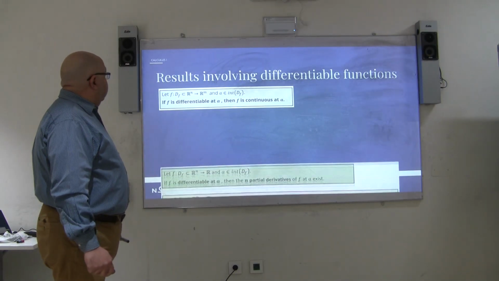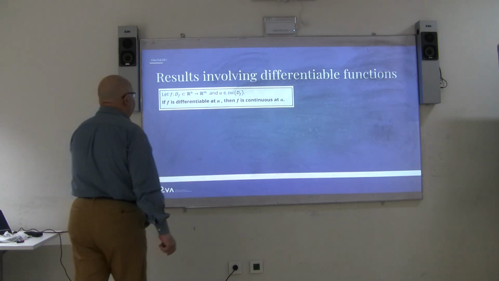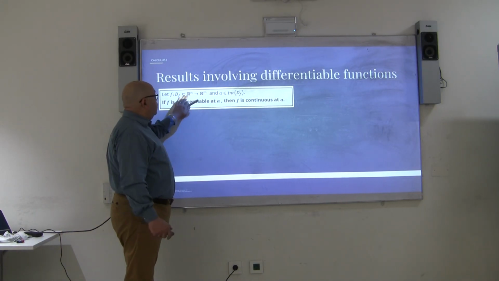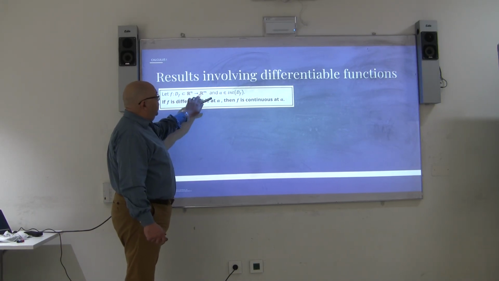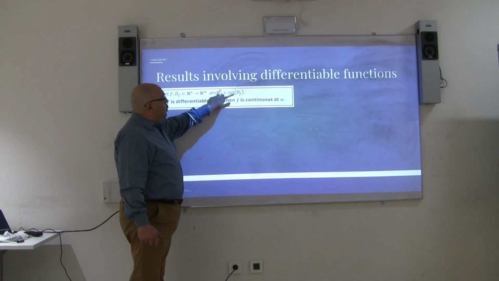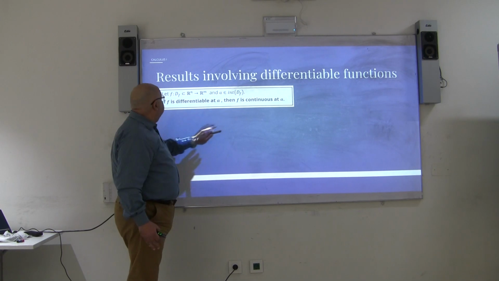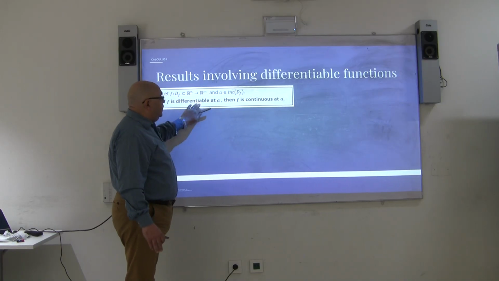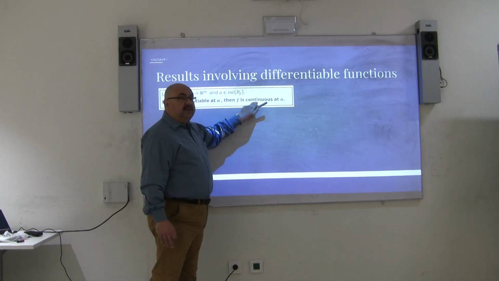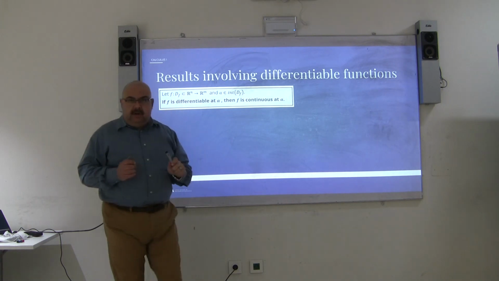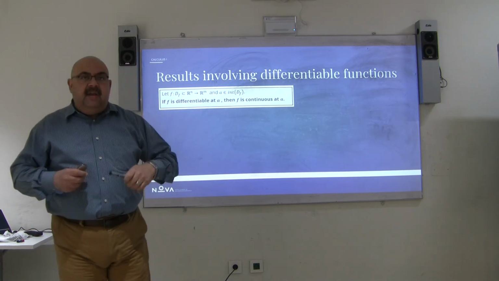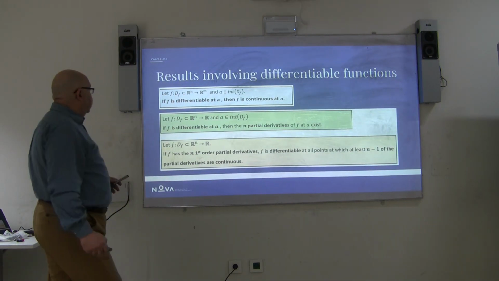Results involving differentiable functions: f is a vector valued function from Rn into Rm, and A belongs to the interior of your domain, which means a point in your domain. Then if f is differentiable at A, then f is continuous at A. So the condition for differentiability at A is the existence of continuity.